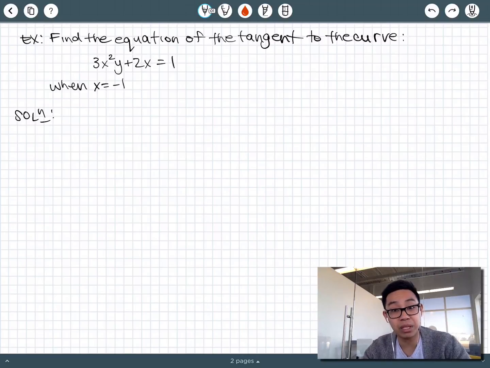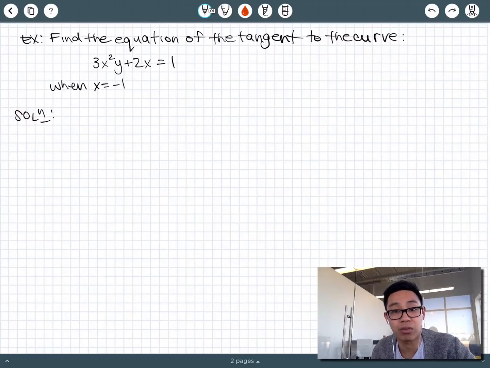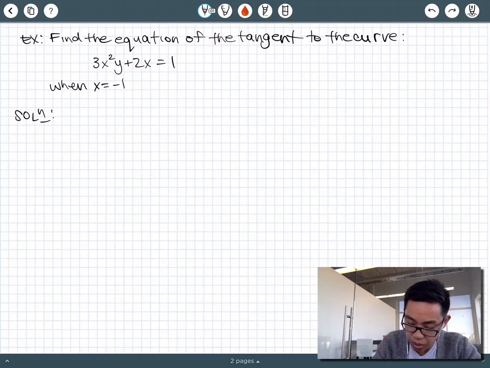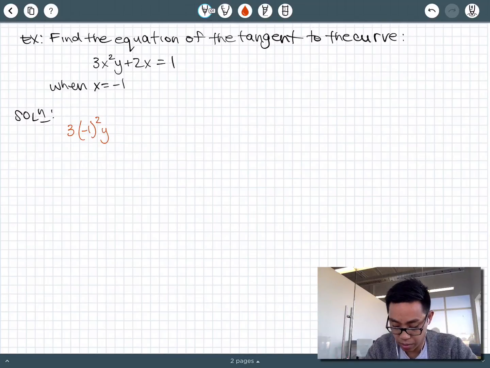Because this is an implicit function, in order to know the slope, I need to know what the x value is and what the y value is. So let's find that first. We can find the y value by subbing the x value into the function and solving for y. So if I sub in x is equal to -1, I get 3 times -1 squared times y, plus 2 times -1 is equal to 1.